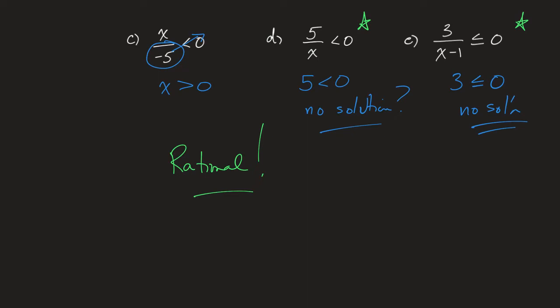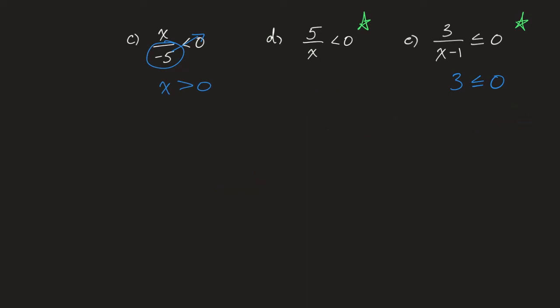Okay, so why does that cause the problem? Let's take a look back, and I'll erase some of this stuff just to give us some room to work. I don't want us to focus on E right now, I'd like us to focus on D. When we took the action to multiply out that x, notice that because I'm multiplying by an expression that includes a variable, I don't know whether I'm multiplying by a positive or a negative value.